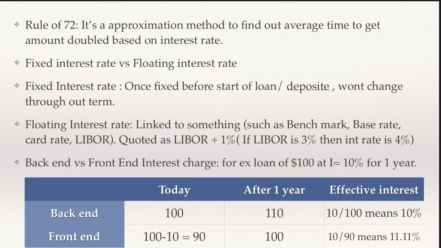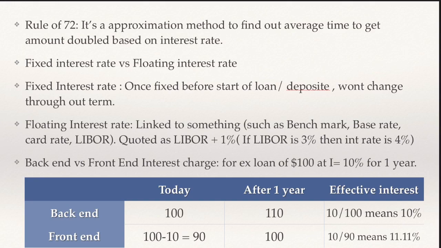They give a 100 loan, but by the time you receive the loan, they give 90 rupees. That means they deduct interest of 10% upfront. So at the end of the term, you need to pay only the principal. No need to pay interest, you already paid. Initially you get 90, and at the end of the period you pay 100.